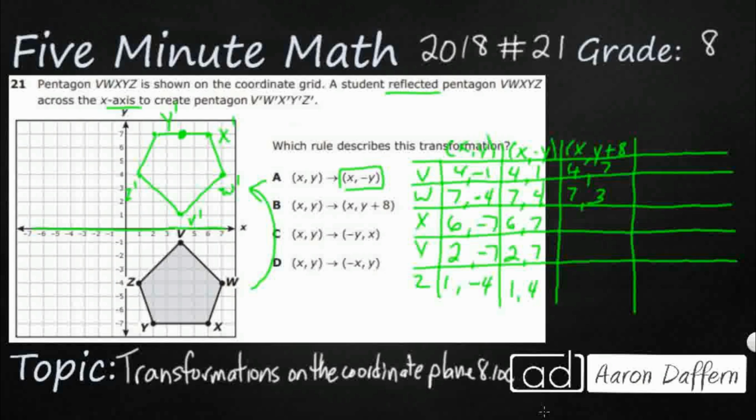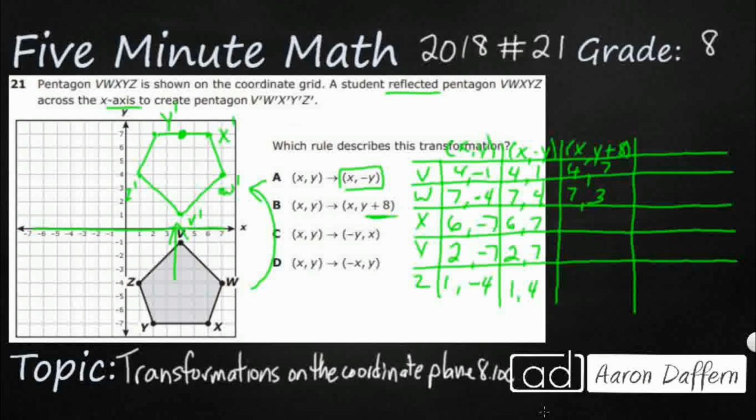You know what? It's not going to flip. It's going to end up in that same direction, just slid up. That's just a translation because I'm just adding 8. So it's not flipping, it's just translating. So that's not going to work for me.